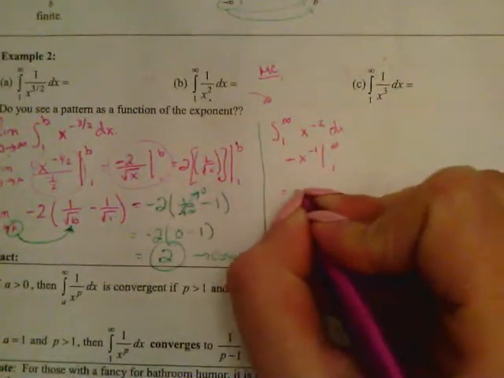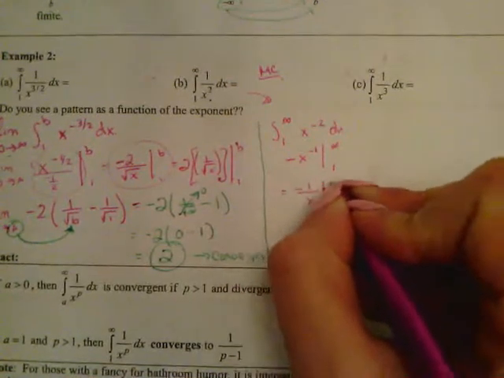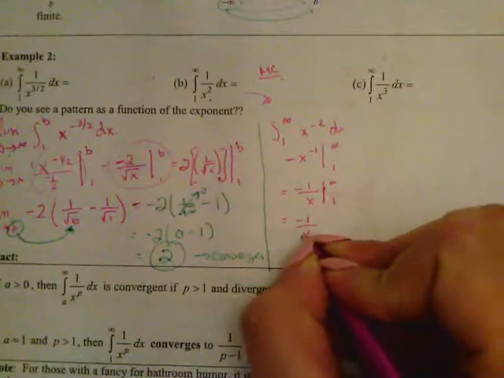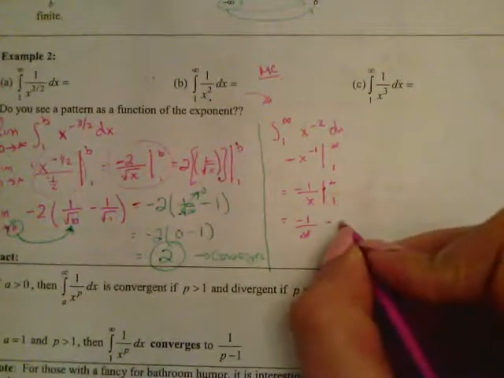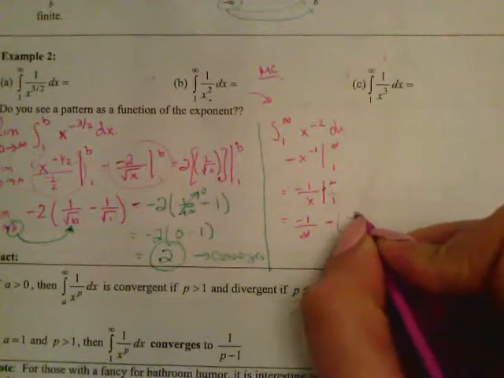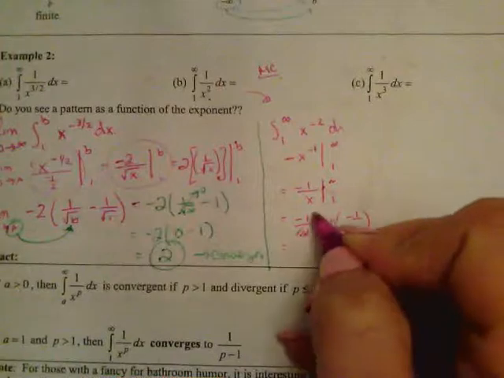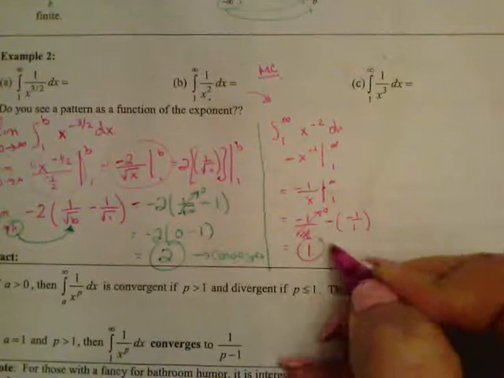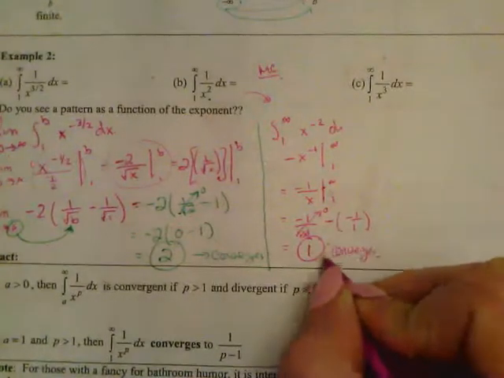If I just rewrite this as -1 over x from infinity to 1, so this becomes -1 over infinity minus -1 over 1. And we know that -1 over infinity becomes 0, and -1 is just 1. And obviously this converges because we ended up with a finite answer.